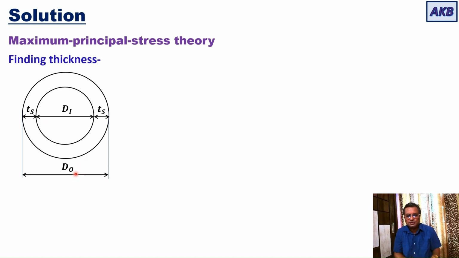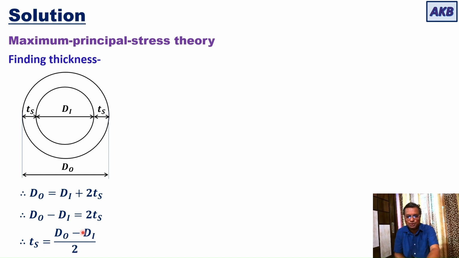So the relationship between Do and Di is Do equal to ts plus Di plus ts, that is Di plus 2 times ts. So Do minus Di is equal to 2 ts, that is, ts is equal to Do minus Di upon 2.